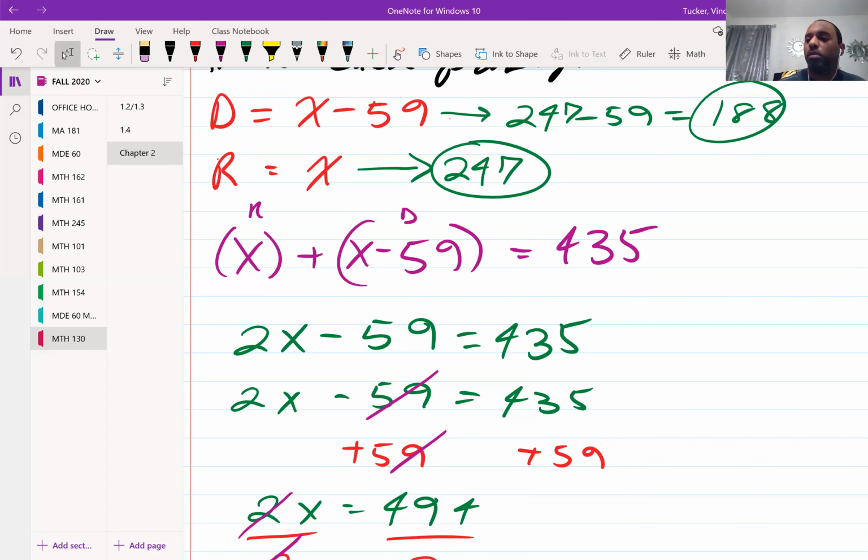Okay. So that's it for chapter 2. Why is this not in there? Looking for something in this book and I'm not seeing it. And I thought I saw it. That's the R section.